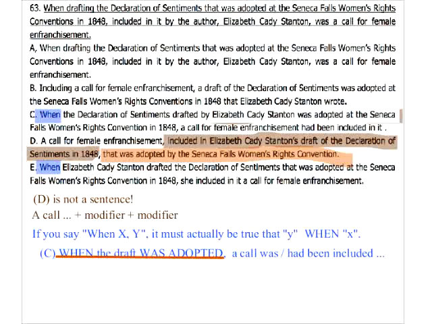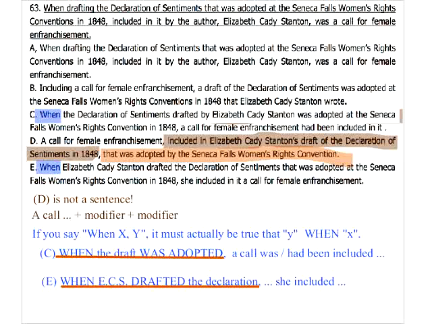On the other hand, if you look at choice E, when ECS drafted the declaration, she included, and this makes perfect sense, because when did she actually include stuff?